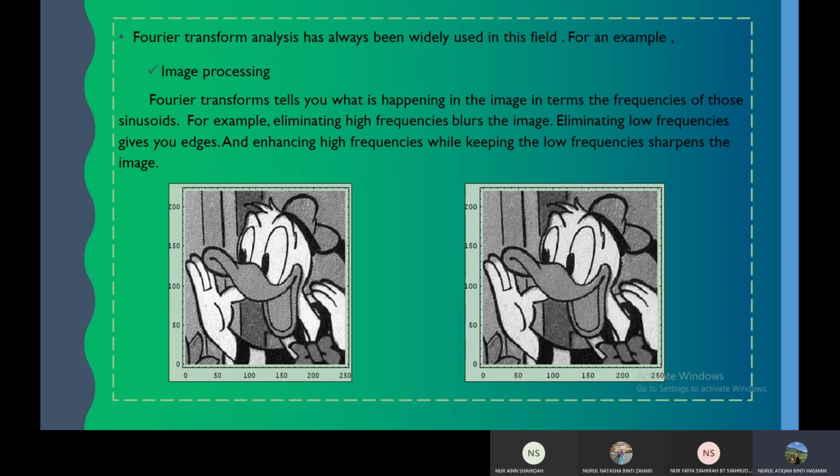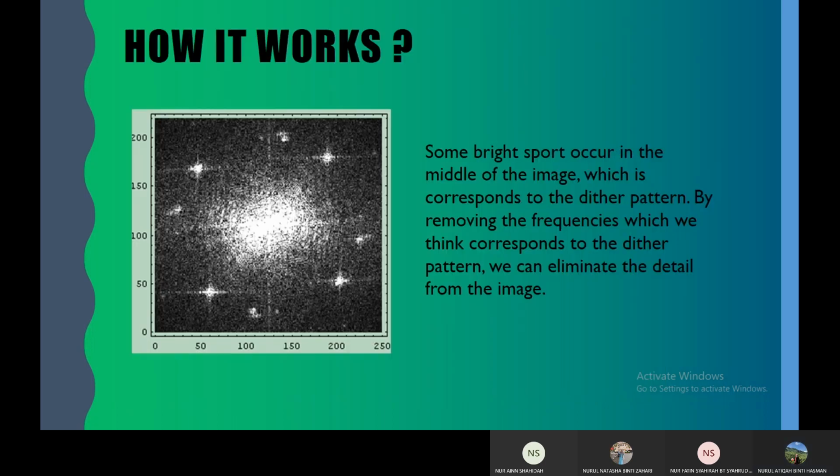Fourier transforms tell you what is happening in the image in terms of the frequencies of those sinusoids. For example, eliminating high frequencies blurs the image. Eliminating low frequencies gives you an edge, and enhancing high frequencies while keeping the low frequencies sharpens the image.